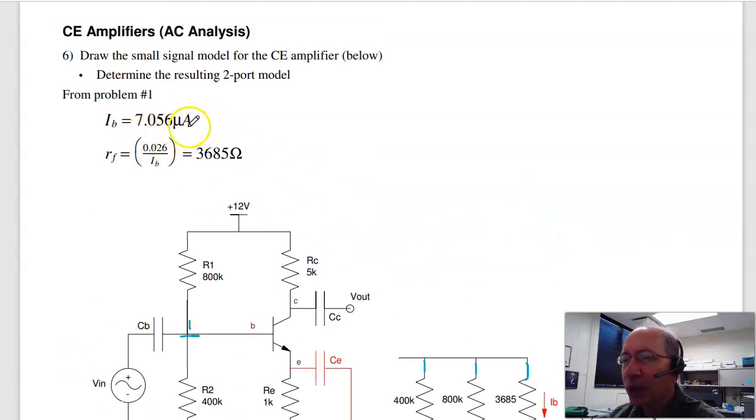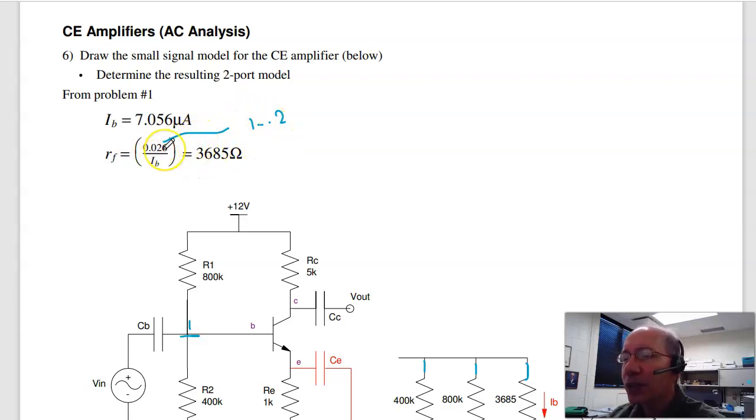The resistance is your Q point at DC, 0.026 over the Q point. This number can vary. It's anywhere between 1 to 2 times 0.026. Circuit Lab uses 1, sometimes it's 2. Some diodes are like 1.4.